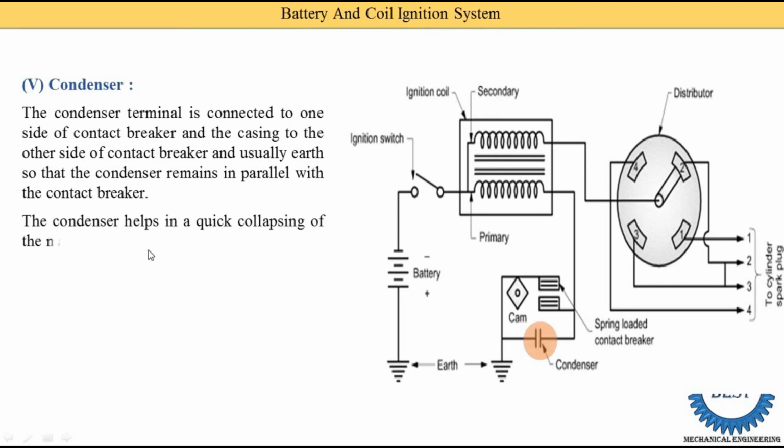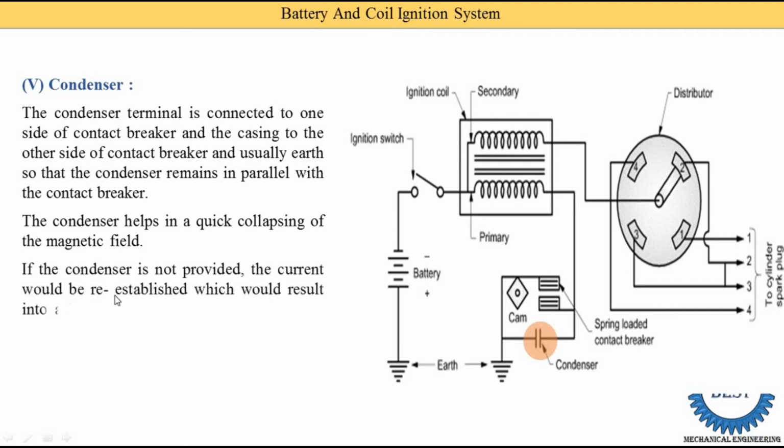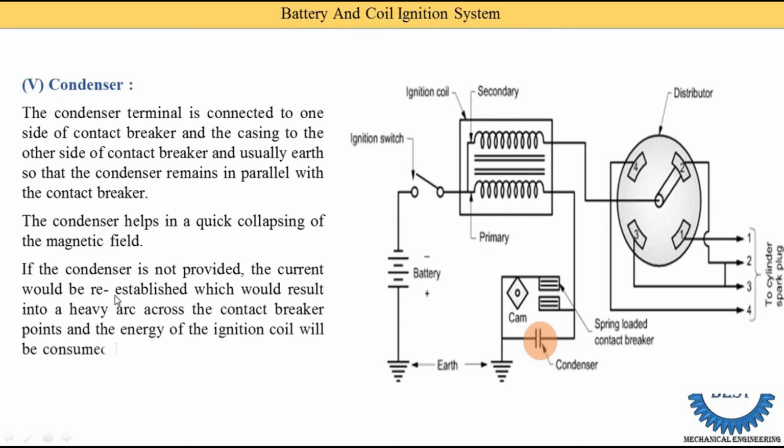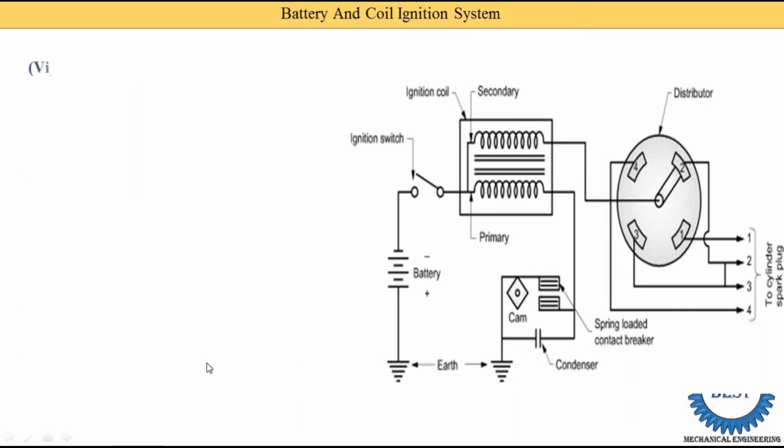The condenser helps in quick collapsing of the magnetic field. If the condenser is not provided, the current will be re-established, which will result in a heavy arc across the contact breaker points, and the energy of the ignition coil will be consumed by the arc, which may burn the contact breaker points.